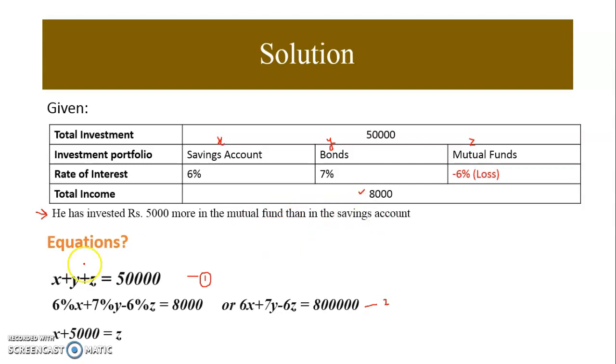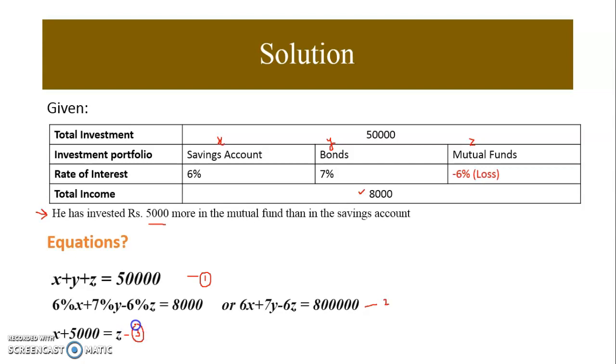Getting my point? You have to add 5,000 to the savings account so that it equals the amount in mutual fund, because mutual fund has 5,000 rupees more. So we have added this to the savings account so that now this is equal. Okay, so this is your third equation. I hope this is clear.